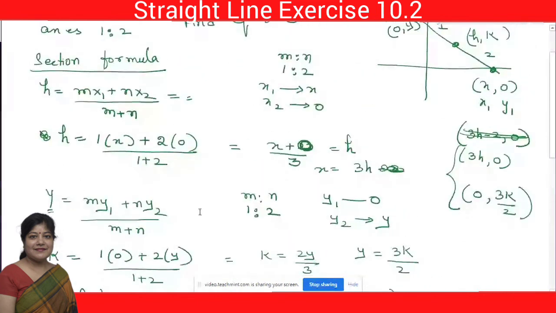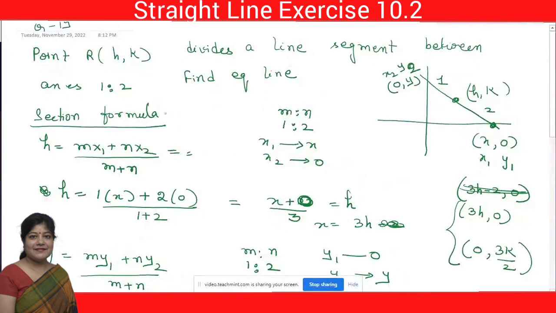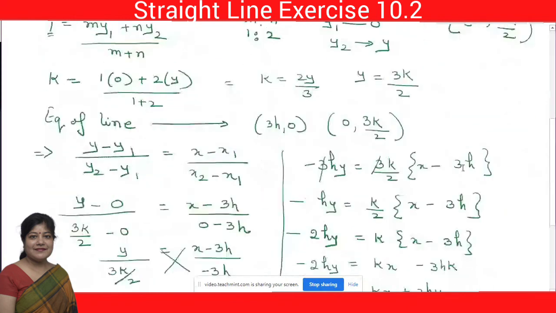Why does the answer differ? If I take 1 is to 2, I take 1 here and 2 here. If I just reverse it, 2 here and 1 here, then we get the reverse answer like this.